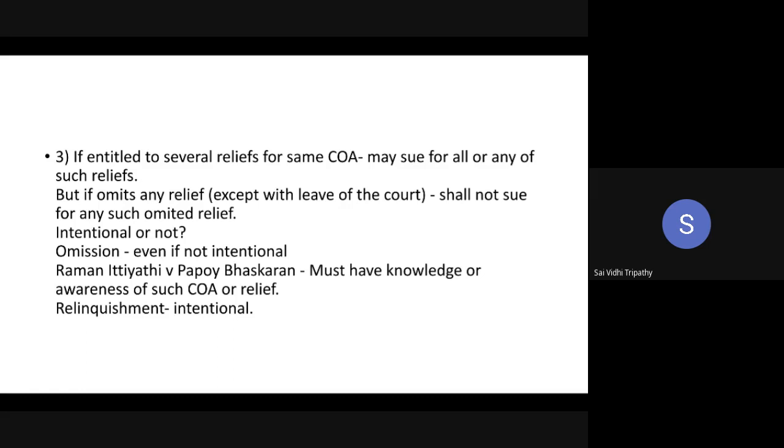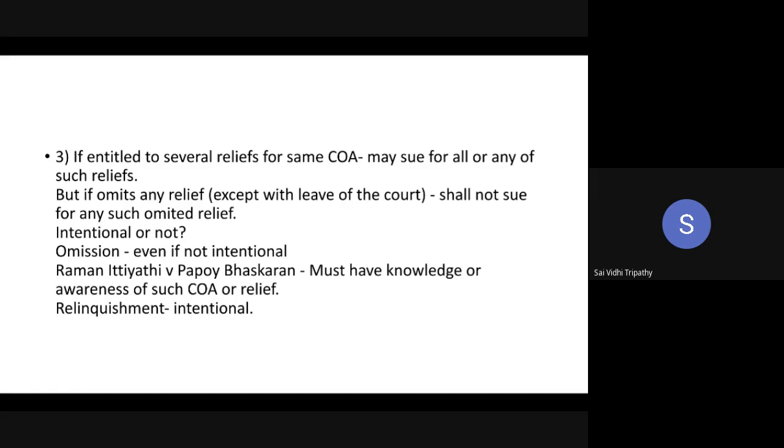So you have to sue for all or any of such reliefs. You may choose to claim all, that is both specific performance and damages, or only one. But if you leave one out without the leave of the court, then later on you can't sue for the omitted relief.